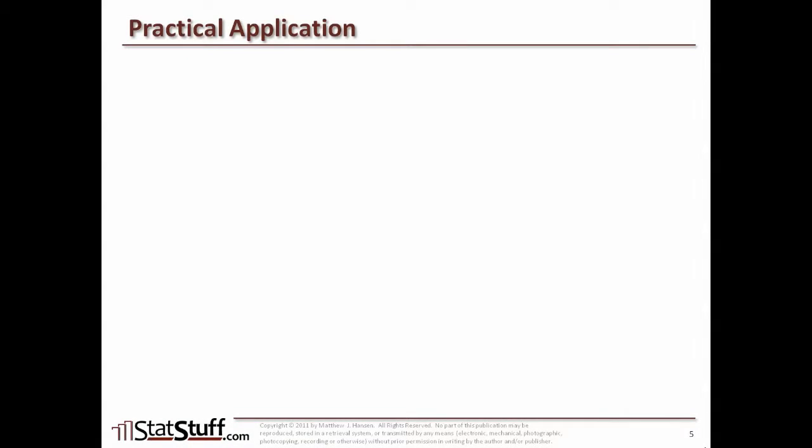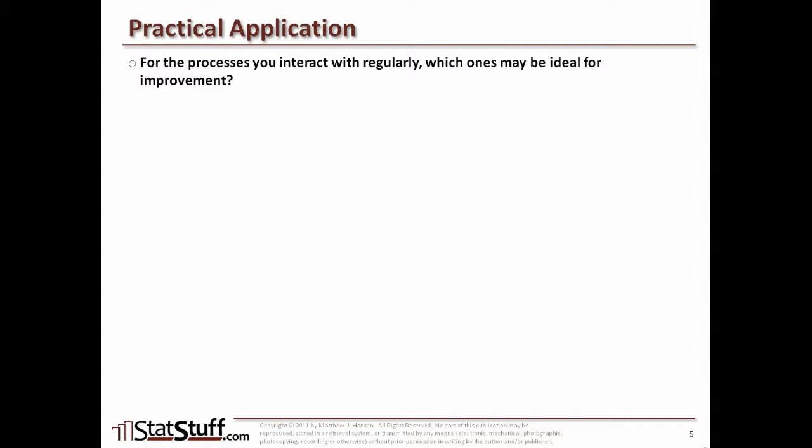Alright, before we close this lesson, let's discuss how we can apply some of these concepts in a practical way. Well, I would recommend that you look at the different processes that you interact with on a regular basis and identify some of those processes that you think might be ideal for some sort of improvement, somehow making it more efficient.